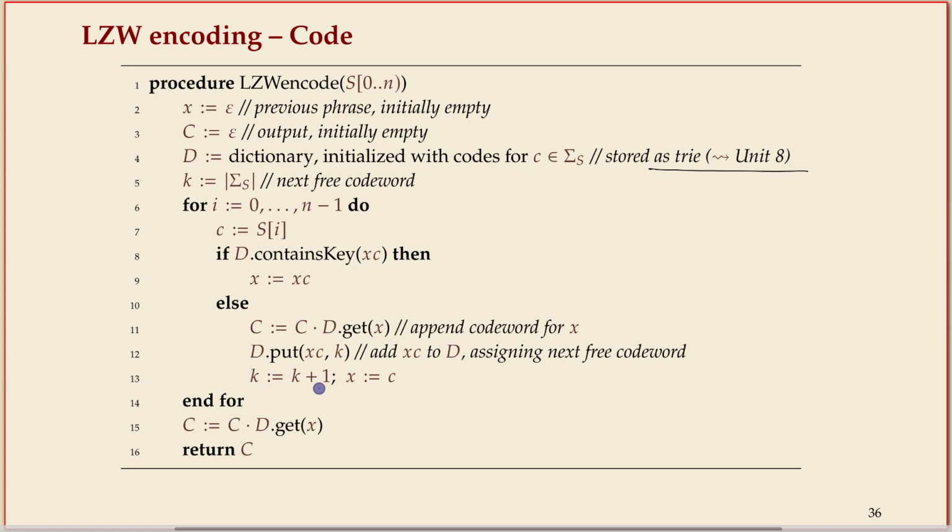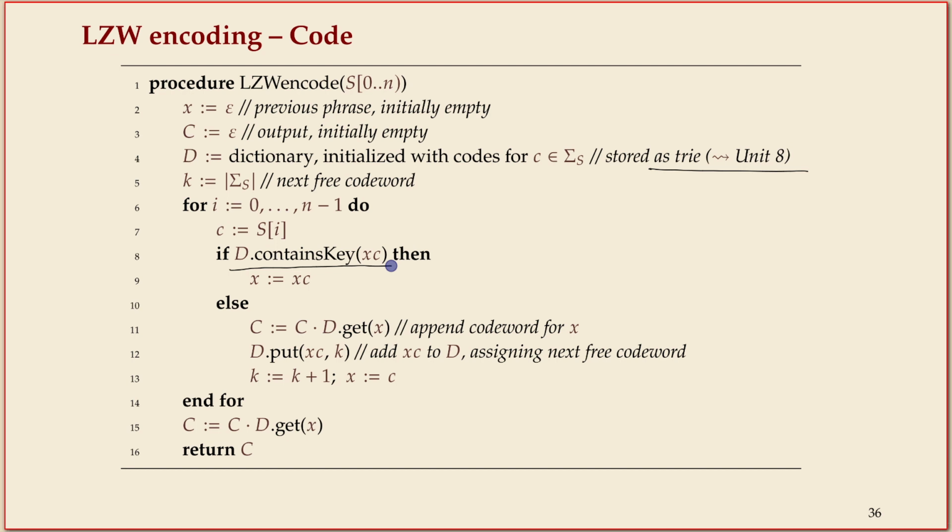Then we have to increment the next free code word, it's one bigger, and we have to remember that we stored this before. So basically, this is all easy if you assume that we have this function contains key. If the dictionary can somehow quickly tell us, do you have a code word of that string? Do you have that string stored as a code word, as a phrase, sorry.